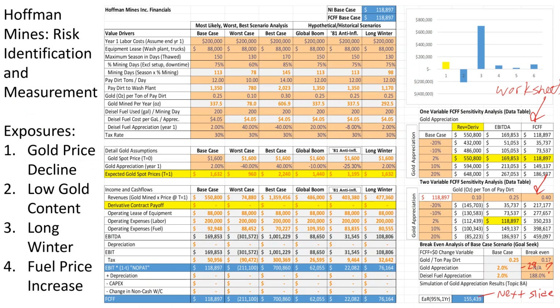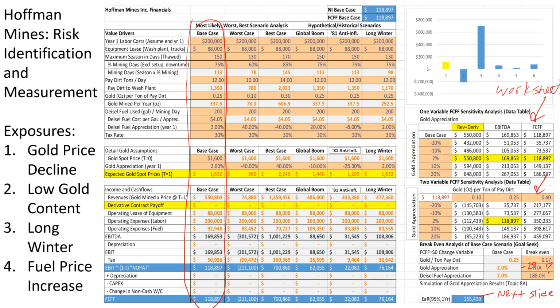So here's the spreadsheet. We'll talk about it first, and then we'll jump to the spreadsheet and do a couple data tables. So here's the base case scenario. In the first column, talking about Todd expected to make free cash flows of $118,000. And then I've identified what could go wrong. So the first step in the IMM process is identify what could go wrong.